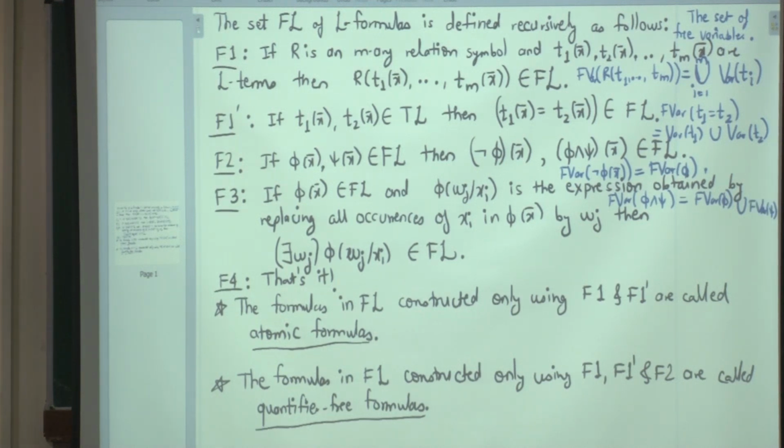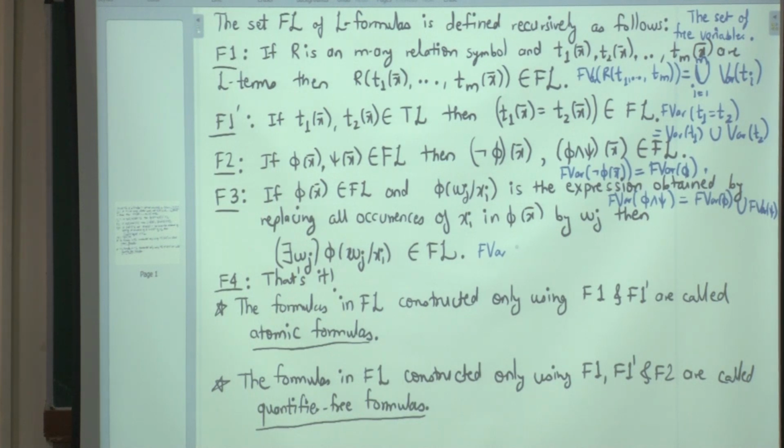So free variables are the variables which actually occur in those formulas. And finally, this is the most important thing. So far we are only taking union, so it's boring. We have to cut down the number of free variables at some point, and this is the place where we do it.